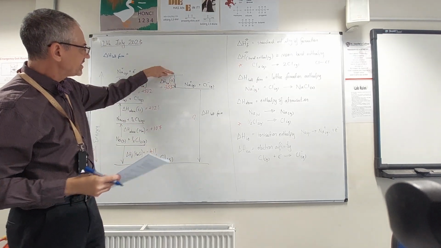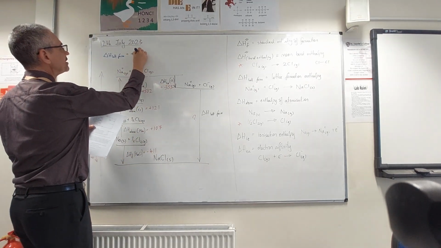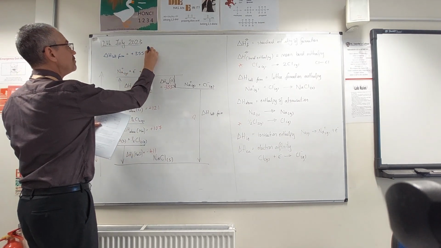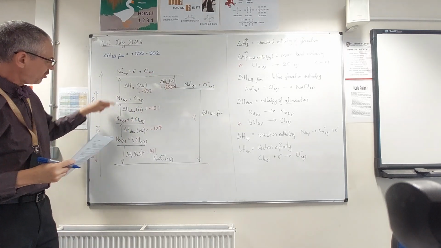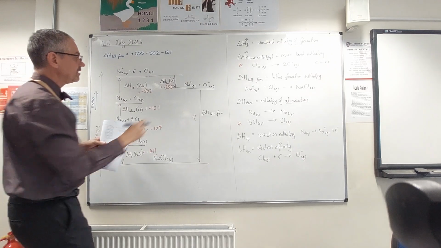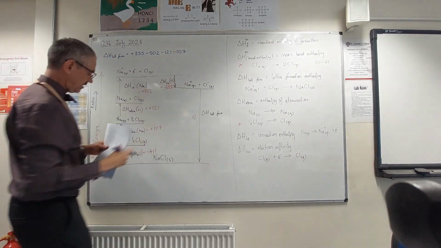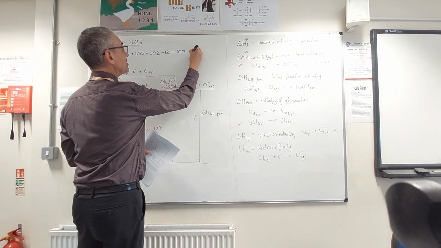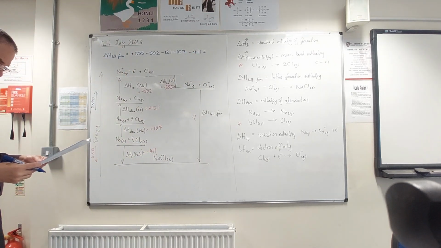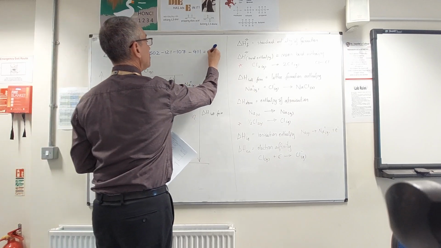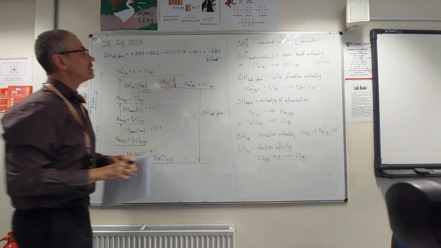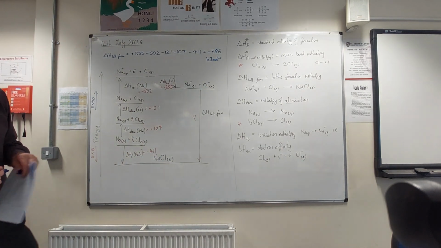So from here to here, that would be plus 355, and then going from here to here would be minus 502. Notice I'm going in the opposite direction to the arrows, which is why I'm changing the signs down here. Minus 107. Down here I'm going in the same direction as the arrows. Minus 411, which is minus 786 units, of course, as always, kilojoules per mole.